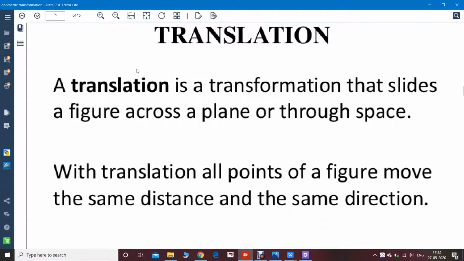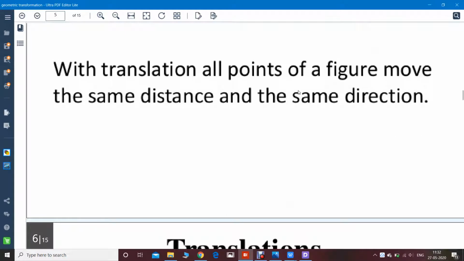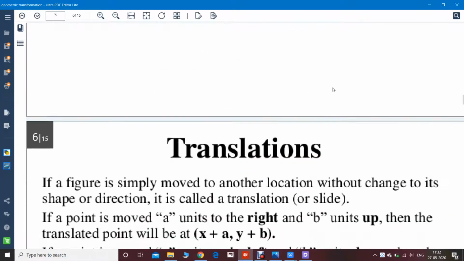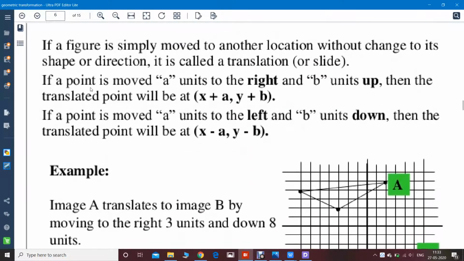Translation. Now we see the translation in detail. A translation is a transformation that slides a figure across a plane or through space. With translation, all points of a figure move the same distance in the same direction. If a figure is simply moved to another location without change to its shape or direction, it is called a translation or slide.